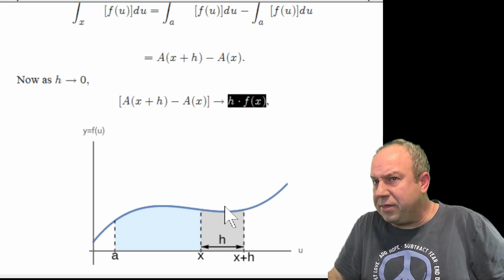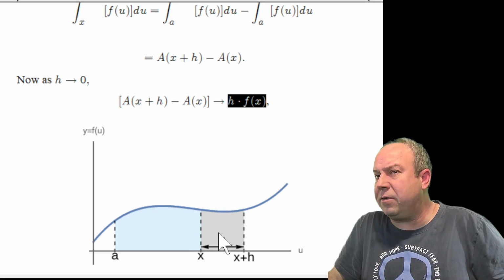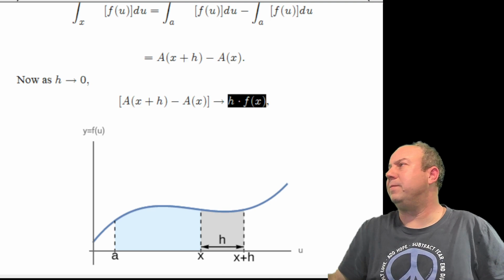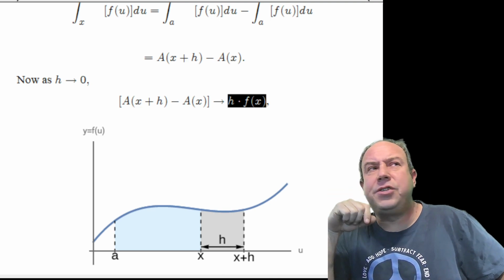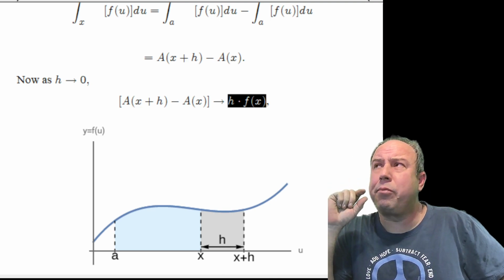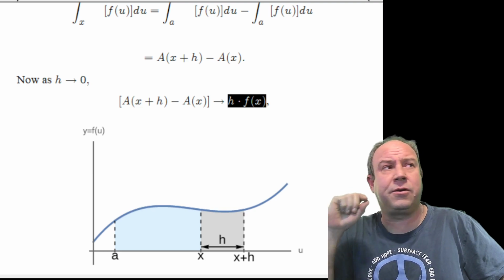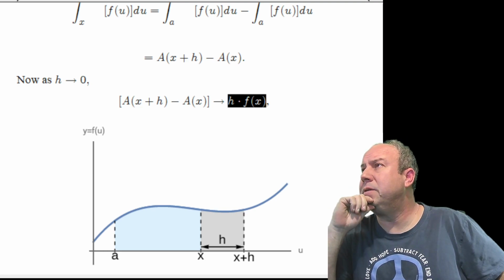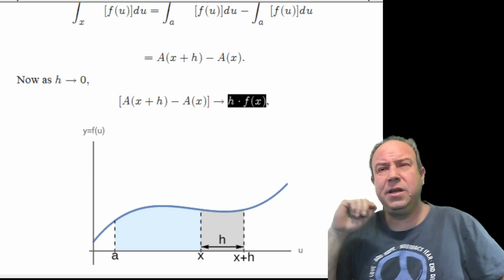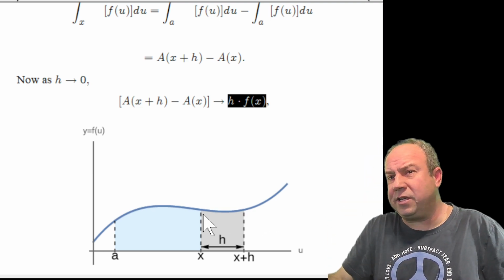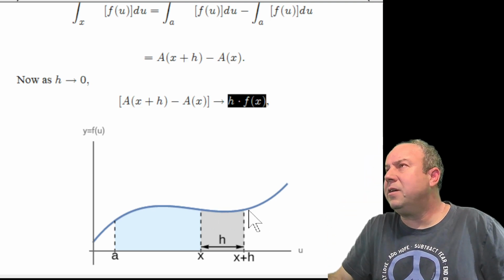If we think about the shape of this region down here, that's in gray, the shape of that region is approximately rectangular. It's not quite rectangular. We can see the top of it is curved.